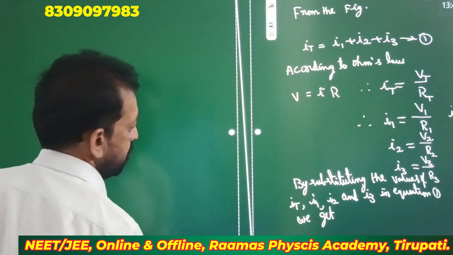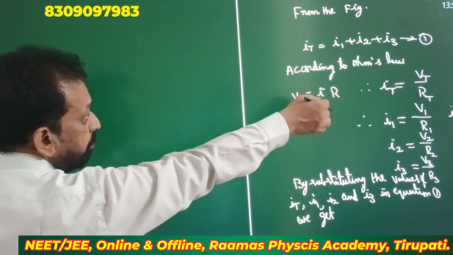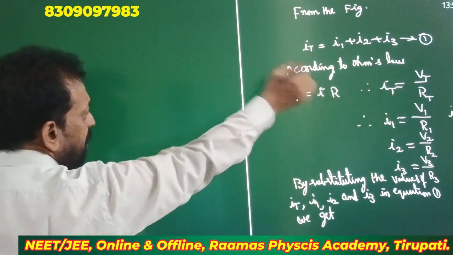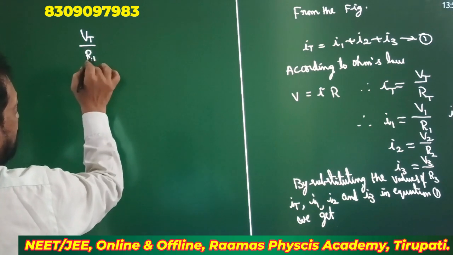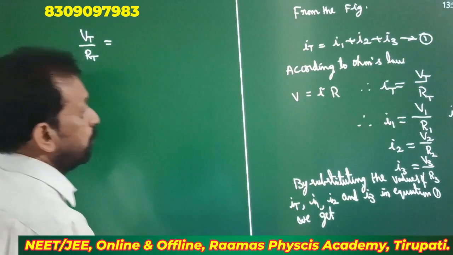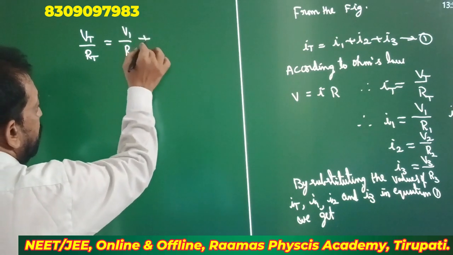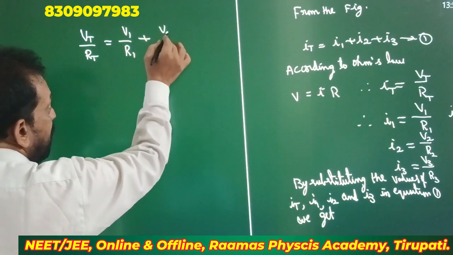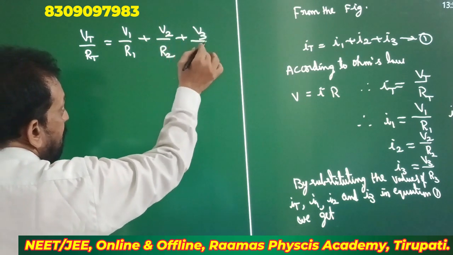We get, in place of IT, you can write VT by RT. In case of I1, V1 by R1. In case of I2, V2 by R2, plus V3 by R3.